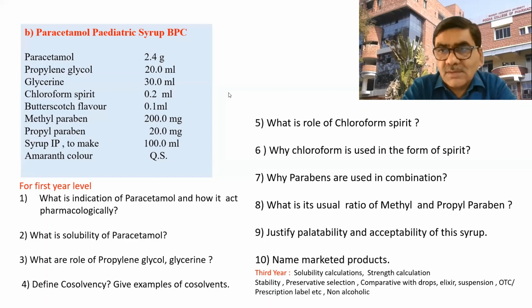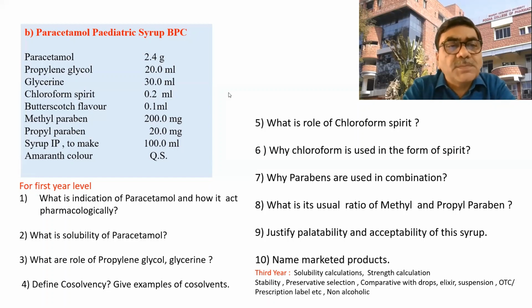So justify palatability and acceptability of the syrup. Just now I told you that paracetamol is a bitter drug. So what attempts are made in the formula to improve palatability? Correct, a butterscotch flavor is there and syrup is there. So these two are used. If we calculate the quantity of syrup, it is to make 100 ml: 100 minus propylene glycol 20 and glycerin 30 means about 50 ml of syrup.